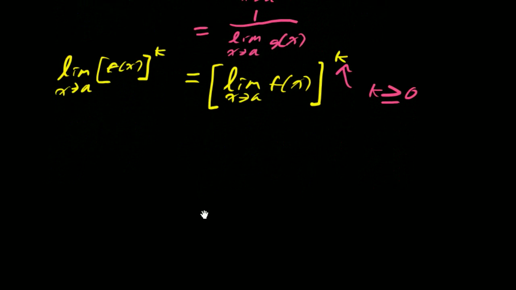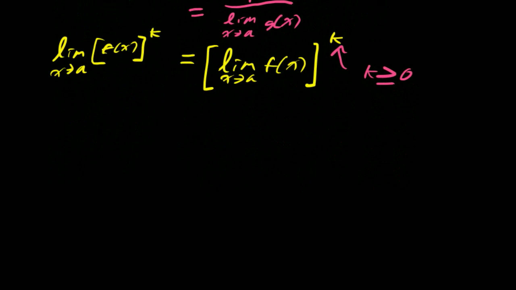And now for the last property of limits. This is going to be property number 6. And remember that our precondition, that the limit as x approaches a of g of x cannot be equal to 0, is our precondition here.